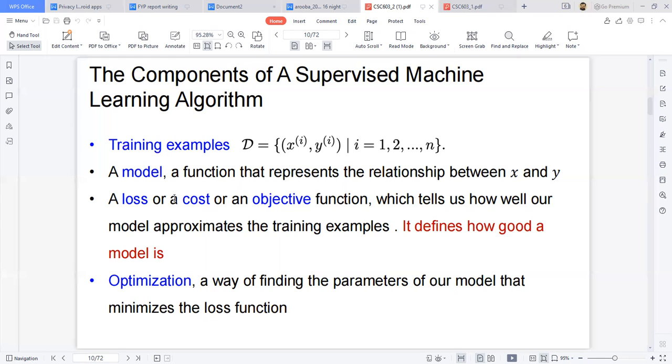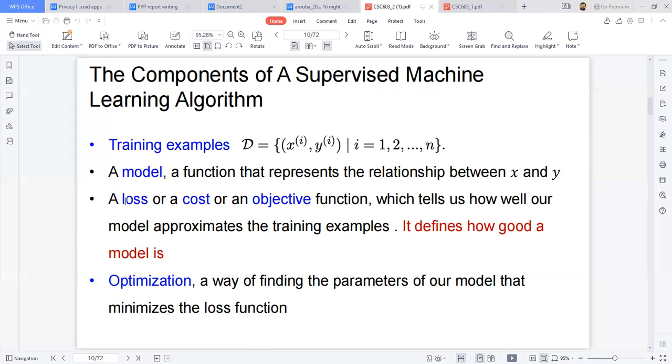So we will apply some values and then we can say what will be the loss of that model, and based on the loss, how you can improve, how you can optimize. So optimization is a way of finding the parameters of our model that minimize the loss function.